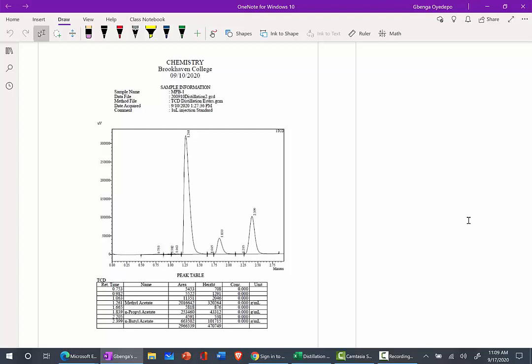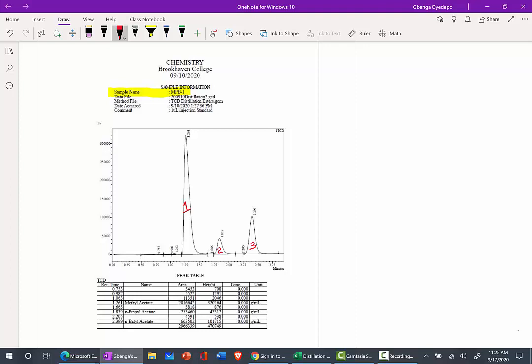Let us take a look at this one. In this chromatogram, the sample name is MPB-1. That is just one of the standards. If you look at it carefully, you will see 3 peaks. Number 1, number 2, number 3.